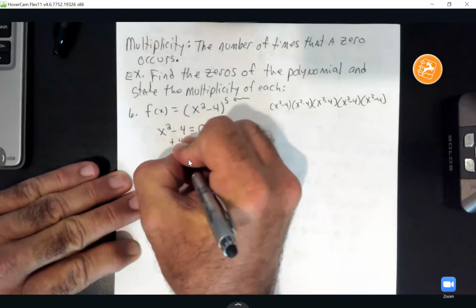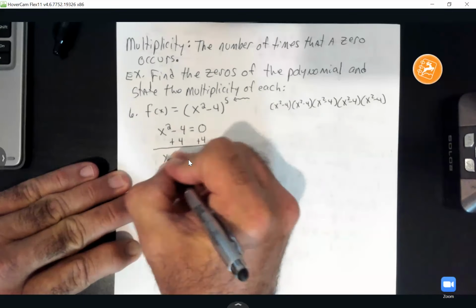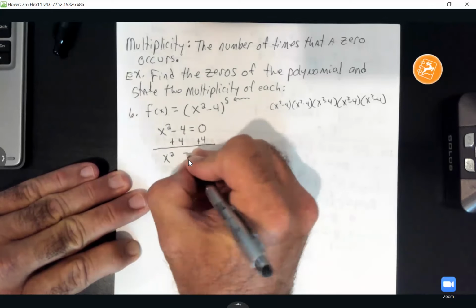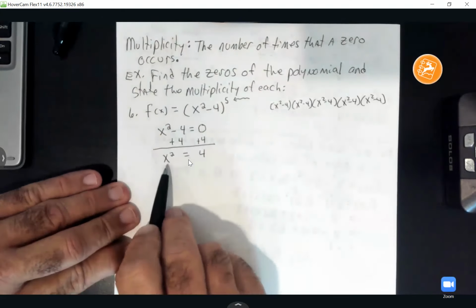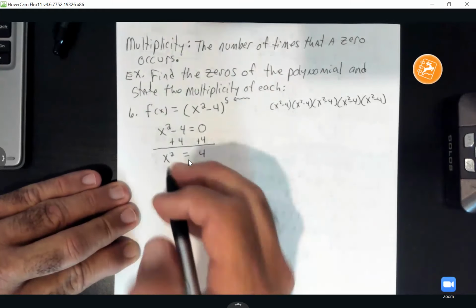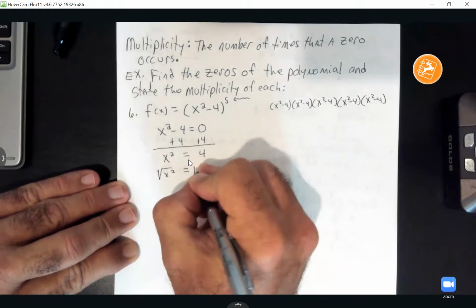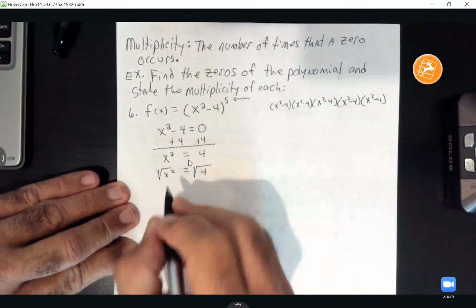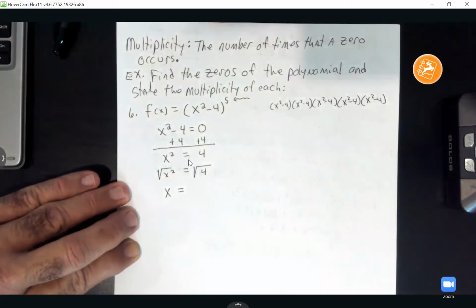So I'm going to move the 4 over by adding. So y'all look, we get our x squared, that cancels. So I get x squared equals 4. Now to turn x squared into an x, I'm going to take square roots of both sides. So the square root of x squared is x. What is the square root of 4?